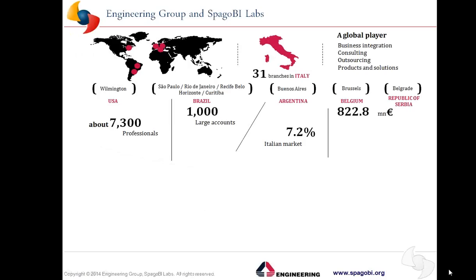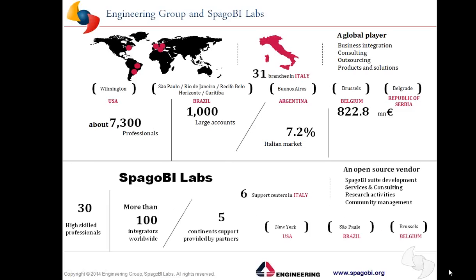Within this general framework, the SpagoBI labs are part of the research and innovation division of engineering group. So this is a division that works not on pure research. It's mostly about innovation. So we bring innovation to real industry settings.